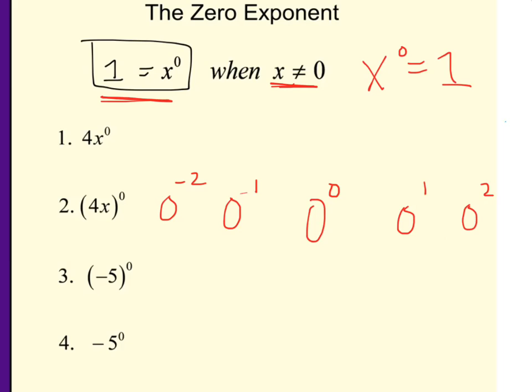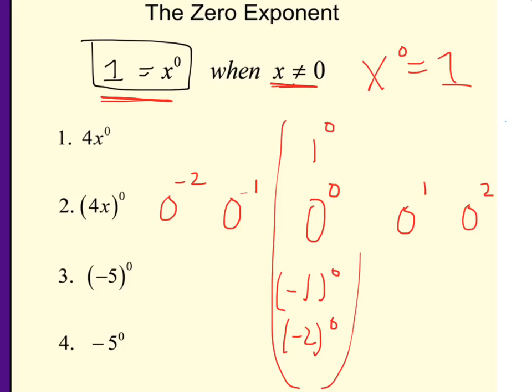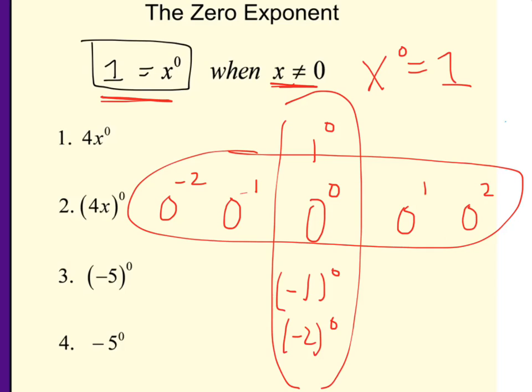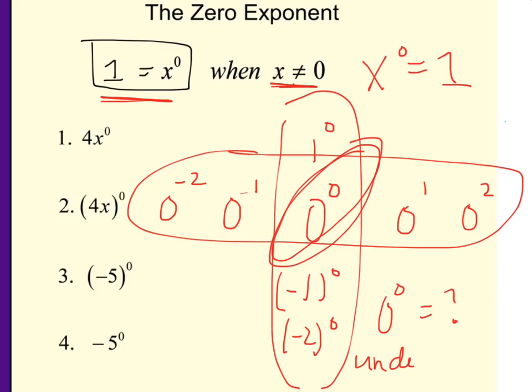But anything to the 0 power is supposed to be 1. So all these numbers are supposed to be 1, whereas all these numbers are supposed to be 0. That makes this right here, 0 to the 0 power, an intersection of these two rules. And so what's it supposed to be? Is it supposed to be 1 or is it supposed to be 0? So we consider this to be undefined by the established rules that we have.